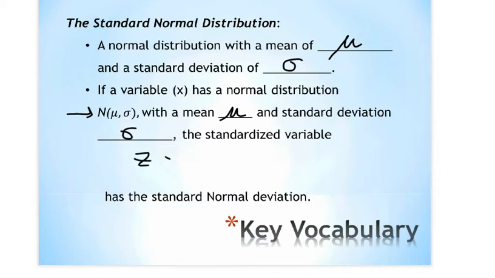And what was z again? You guys should remember this. It's x minus the mean divided by standard deviation. Now we're using different symbols here because we're talking about populations, but it's the same thing. In a normal distribution, we do use mu to represent mean and sigma to represent standard deviation.